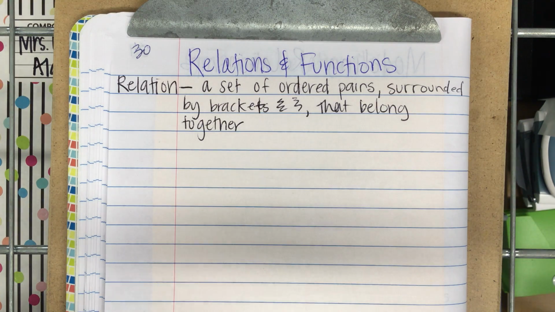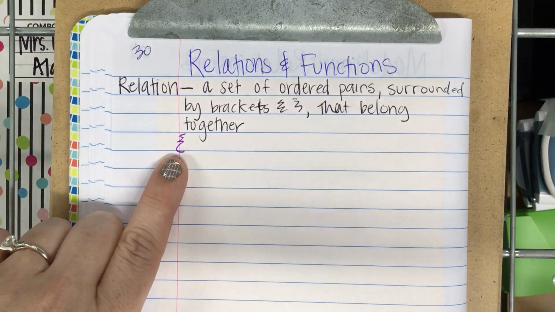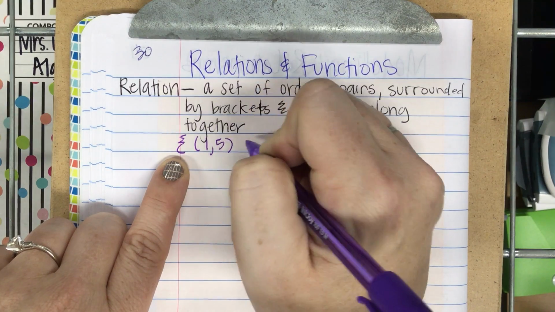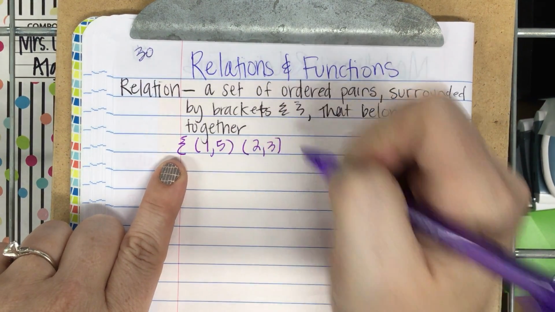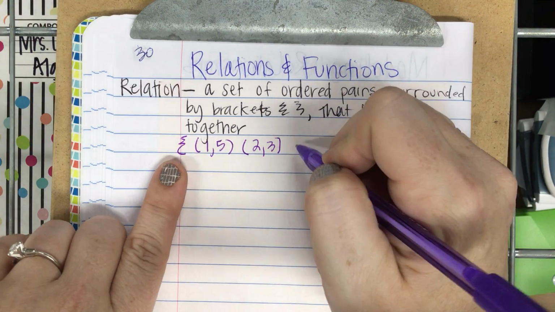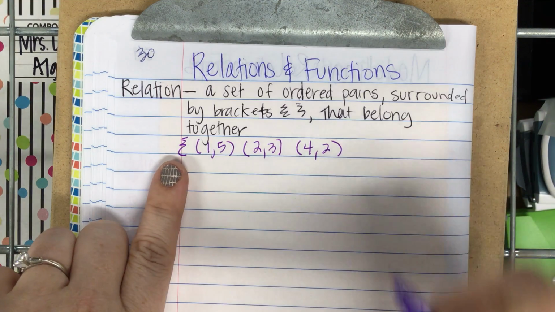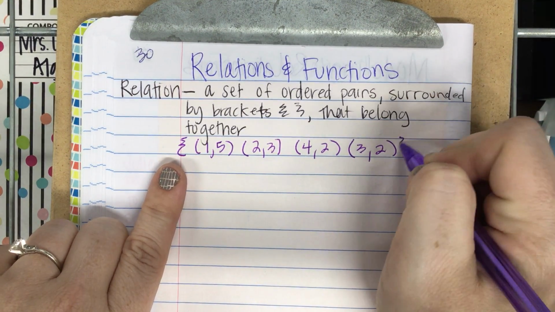First things first. Here's our set of ordered pairs. Let's do (1, 5), (2, 3), (4, 2), (3, 2).